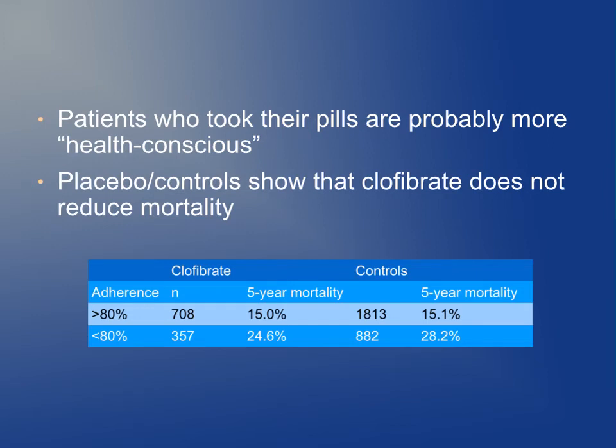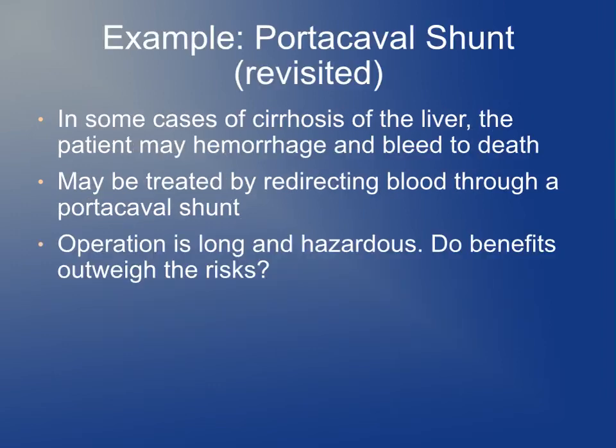And if you compare those who took clofibrate to those who took a placebo, we see essentially no difference in the 5-year mortality rate between the clofibrate group and the placebo group, illustrating why it's so important to use randomization when you assign experimental units to one group or the other.